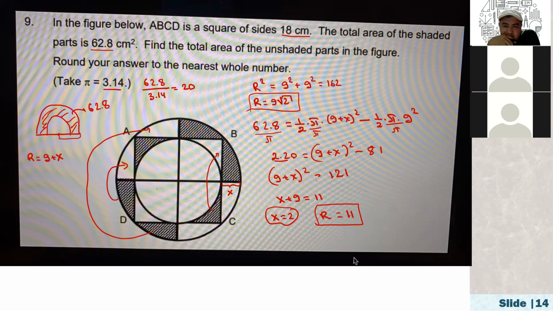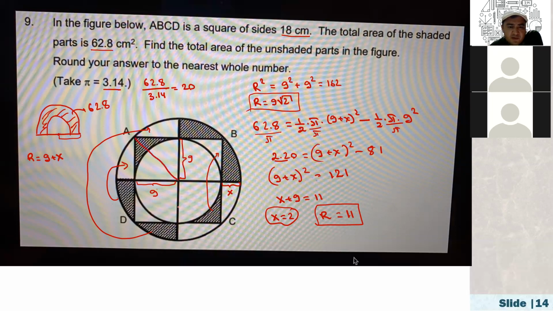Now, is it correct? Yes. Then why do we get a different answer in the first one? The radius is 9 times square root of 2. What is the mistake there? I don't know. Because if it is 9, and that's also 9, okay, so that's also 9.